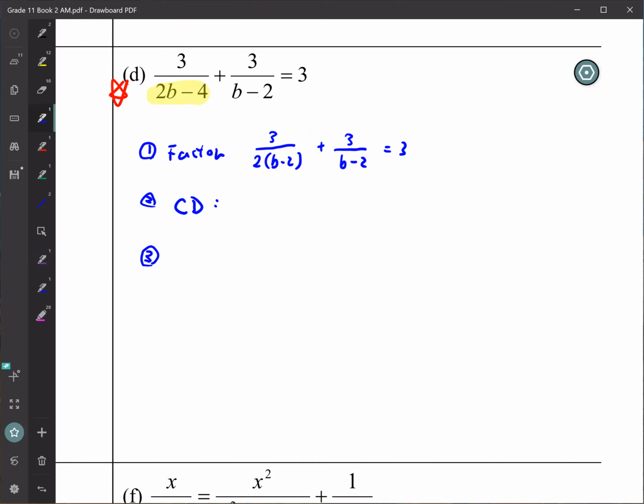Okay, Nathan, what's the common denominator for this one? Have you found it? 2, then brackets b take away 2. Yeah, very good. 2 bracket b take away 2. So we're gonna take this, multiply both sides.